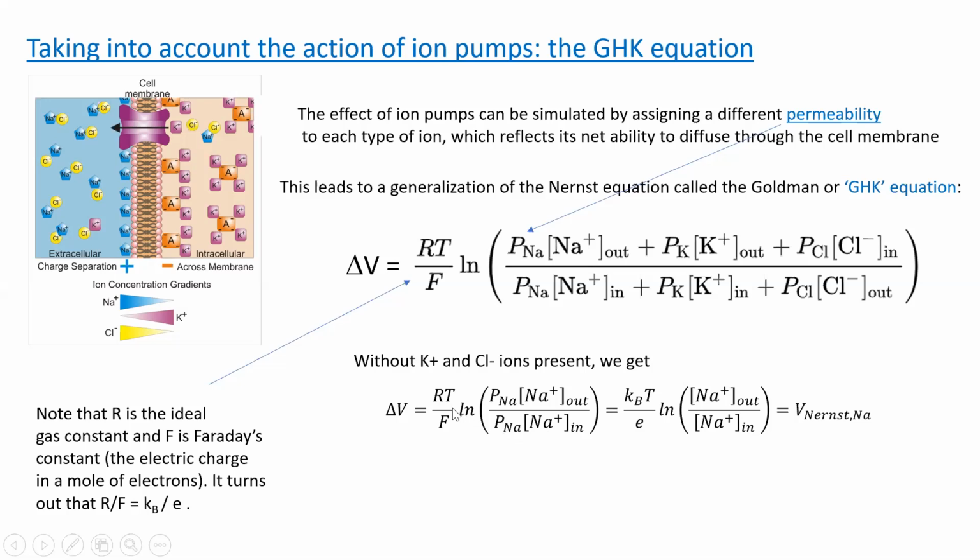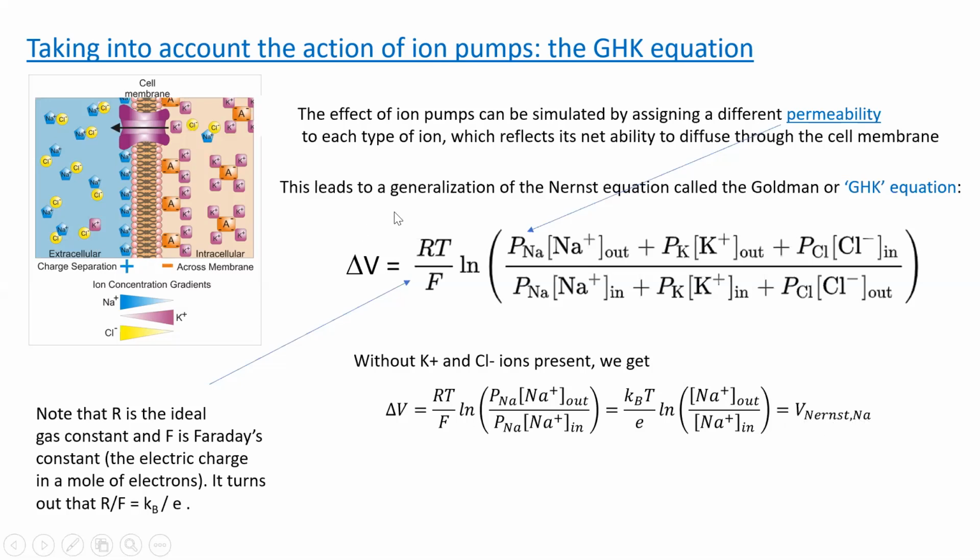But now noting that R over F is kB over the elementary charge, this becomes kB T over E times the log, and the permeabilities cancel out. So we just have kB T over E, and E, the elementary charge, is the charge Q on the sodium ion, times the log of the sodium concentration outside over inside. And that's the Nernst potential for Na.